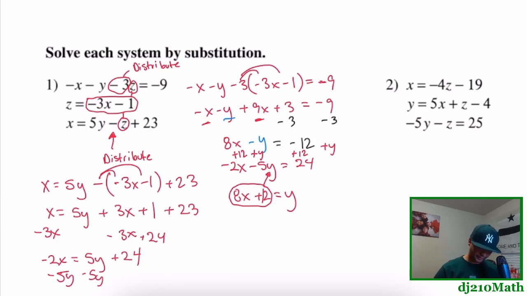So this is going to be negative 2x minus 5 times 8x plus 12 equals 24.